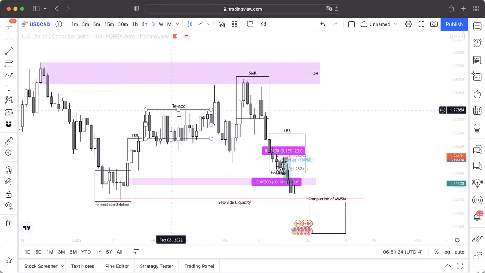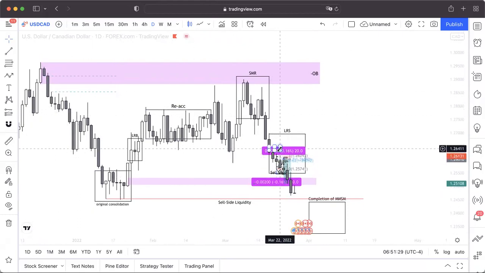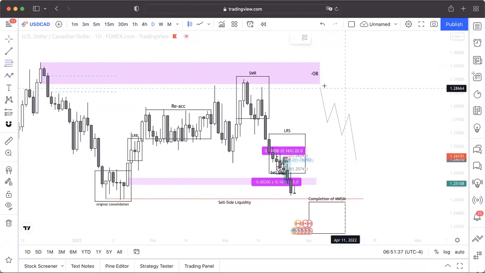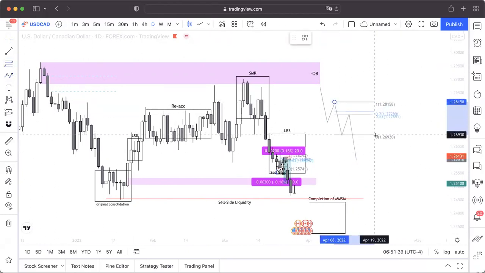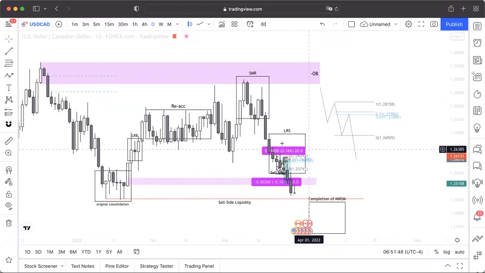So when the market is at this stage, you could anticipate on the lower time frame for the market to offer you these easy low risk sell opportunities with optimal trade entry, and you can use a daily cycle, a bunch of things. That's what happened here on the lower time frame.